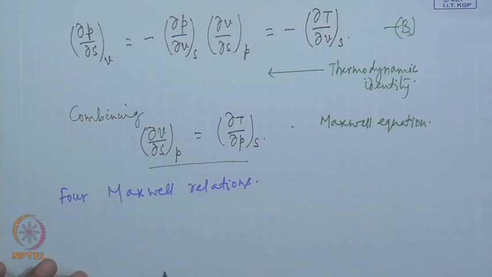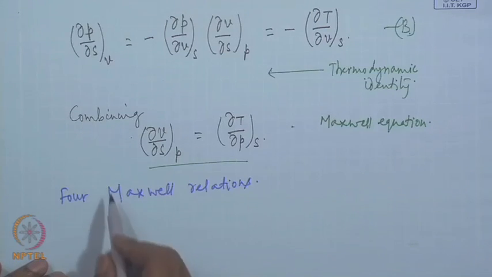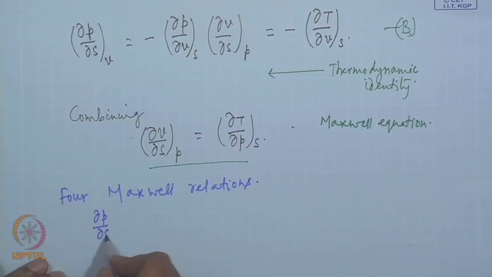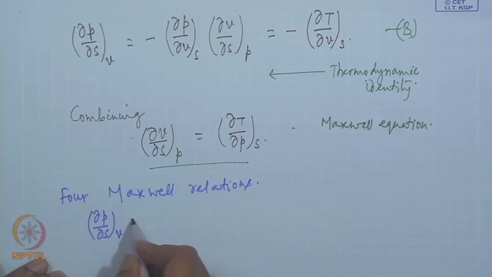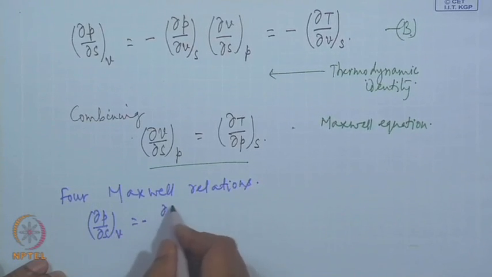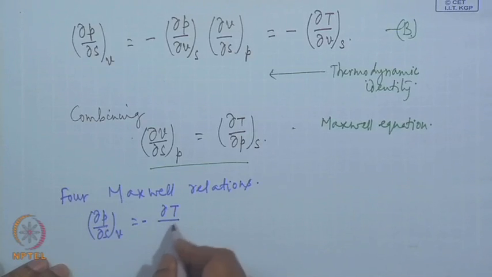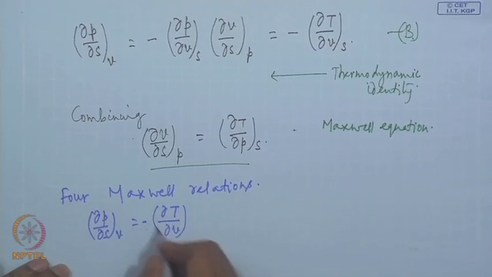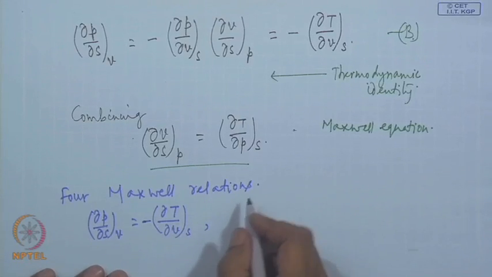We have dP/dS at constant volume is minus dT/dV at constant entropy.